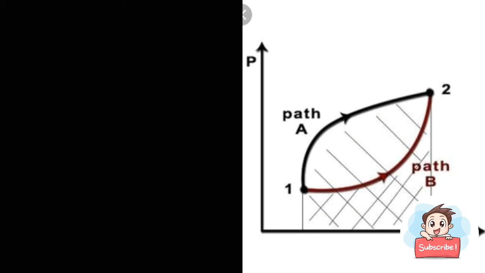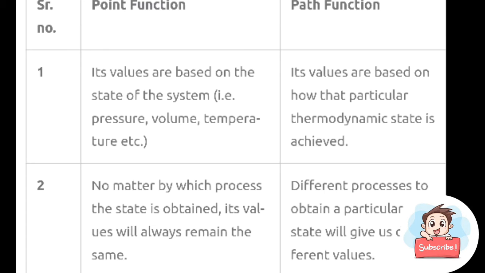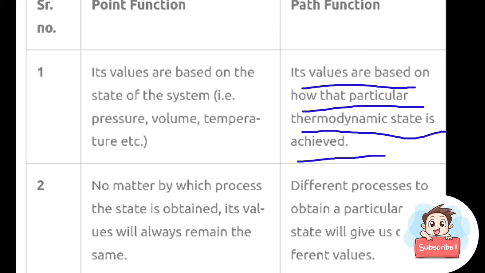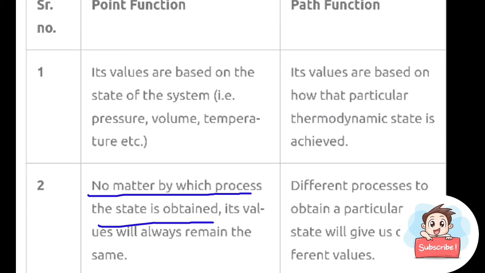Next we are going to discuss the differences between point and path functions. The first difference is that point function values are based on the state of the system. In the case of path functions, the values are based on how the particular thermodynamic state is achieved, that means they depend upon the path of the system. Next, no matter by which process the state is obtained, a point function's value will always remain the same.